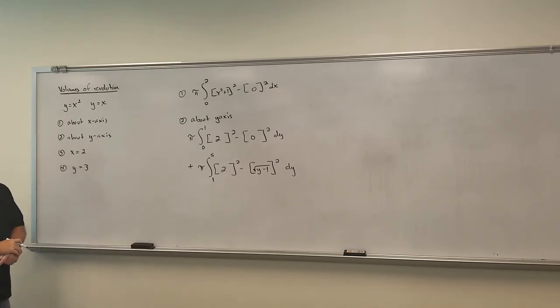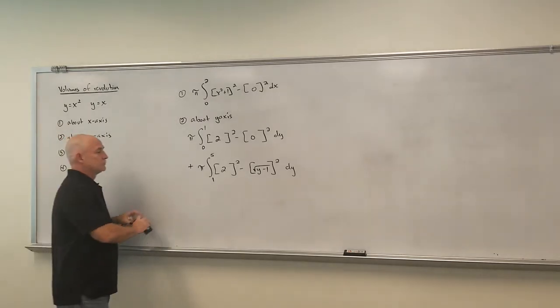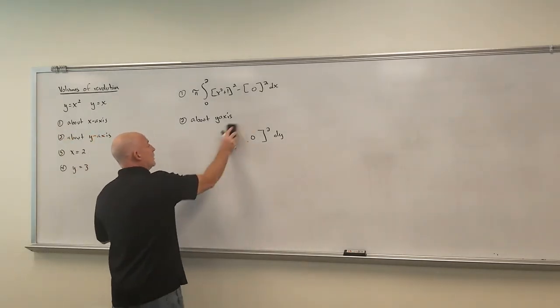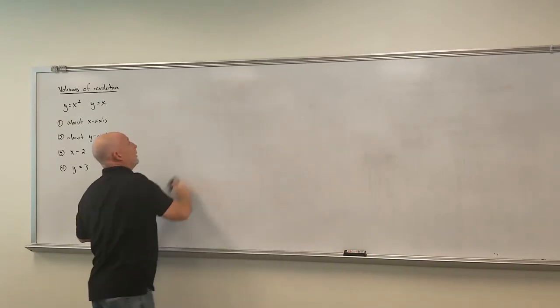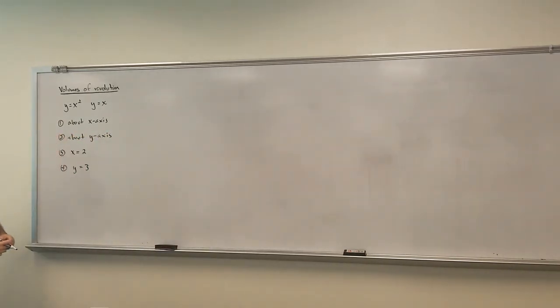Okay, so do me a favor, pause the video and see if you can set up these 4 regions. All right, so video time means you're done already. So let's go ahead and give it a shot.